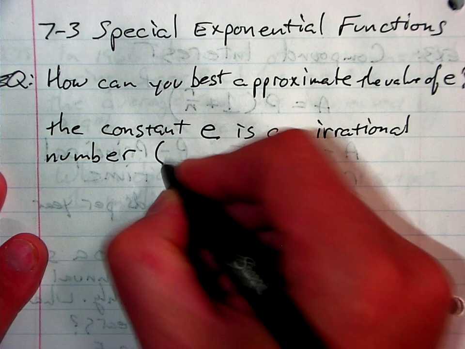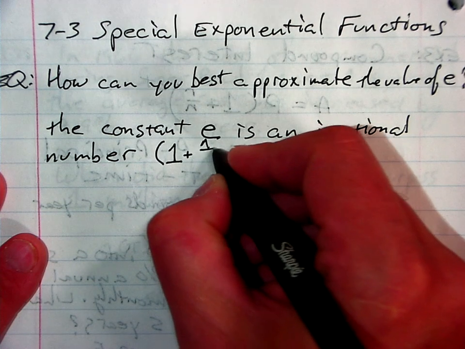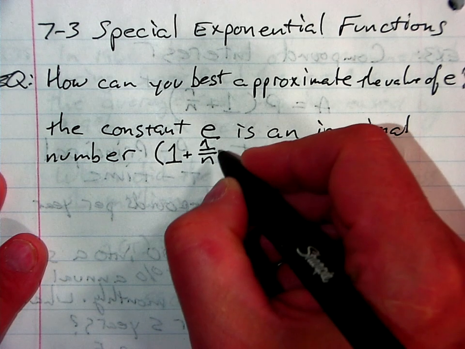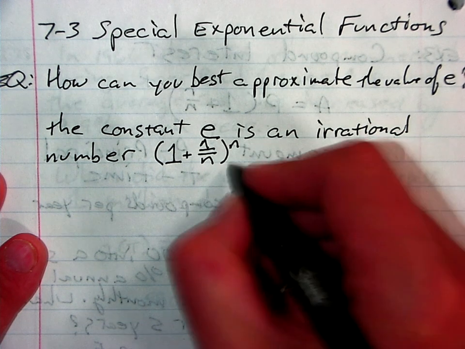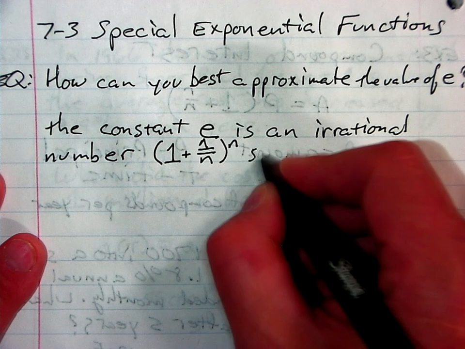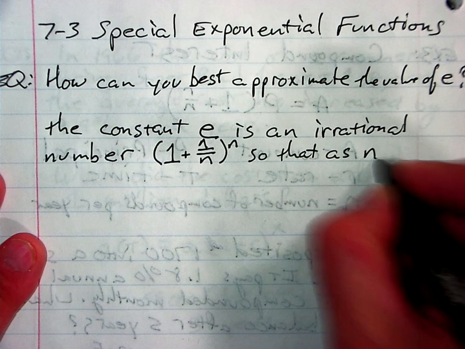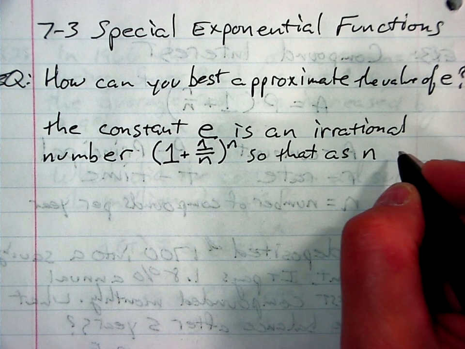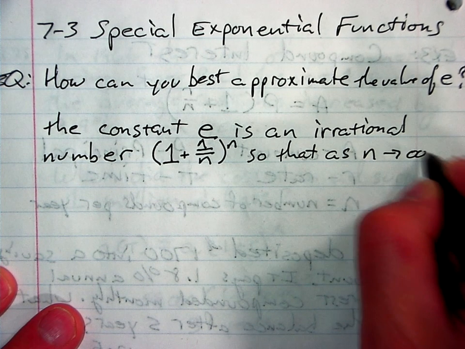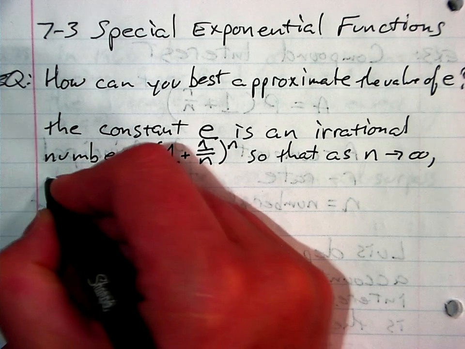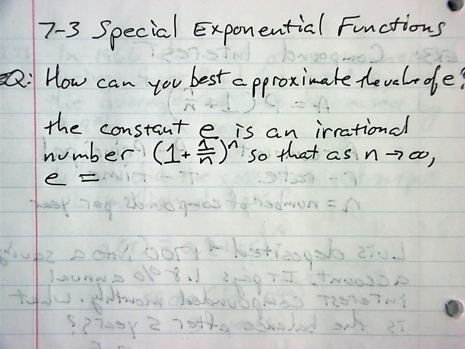And this is how we find it: 1 plus 1 divided by n, raised to the n, as n approaches infinity. e is approximately, let's find out on our calculators.